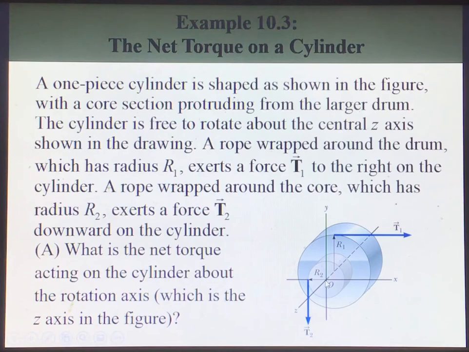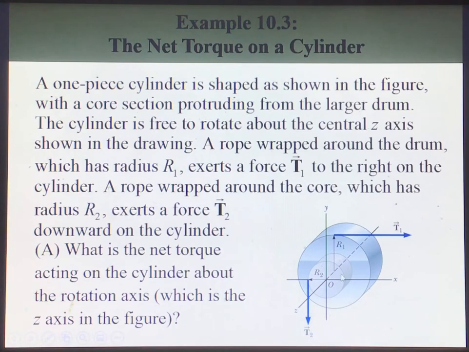You can see that in this cylinder, R1 is the outer radius and R2 is the inner radius. There is a tension force T1 that is applied at this point, and there is a tension force T2 that is applied at this point right here.